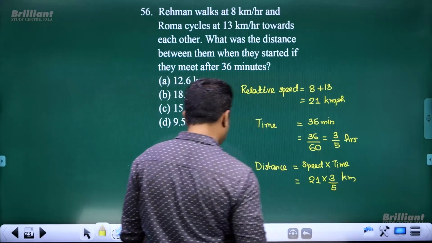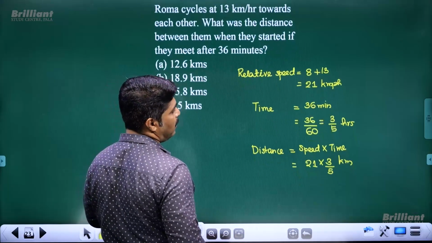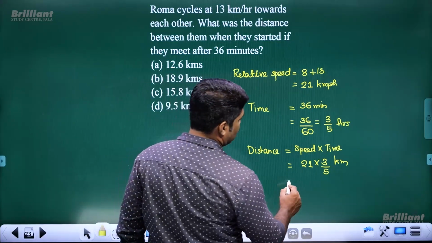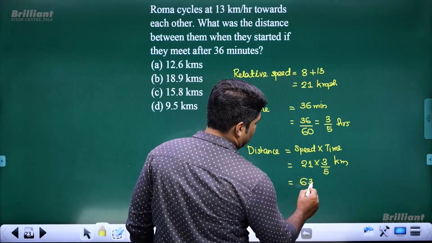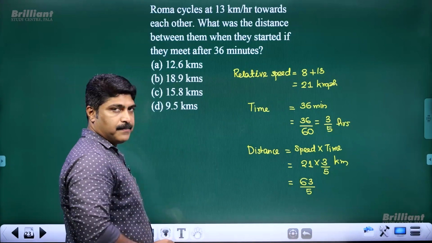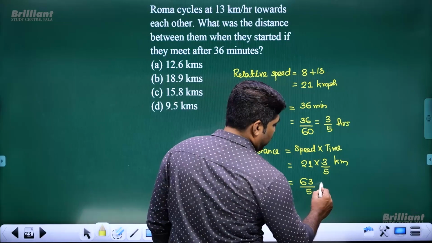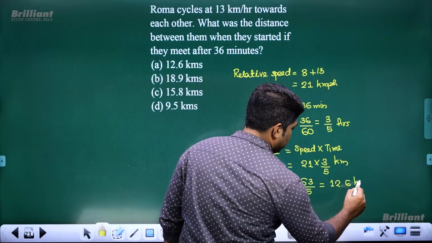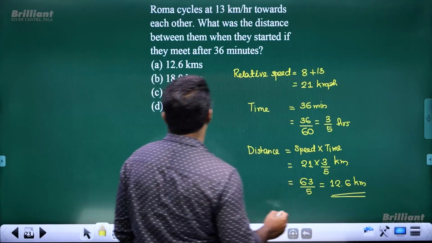While simplifying this, 21 into 3, that is 63 divided by 5. What is 63 divided by 5? That's equal to 12.6 kilometer. So, this is the distance covered.